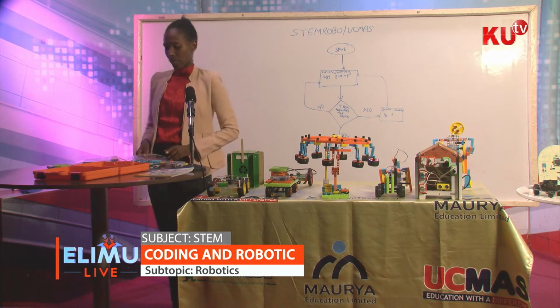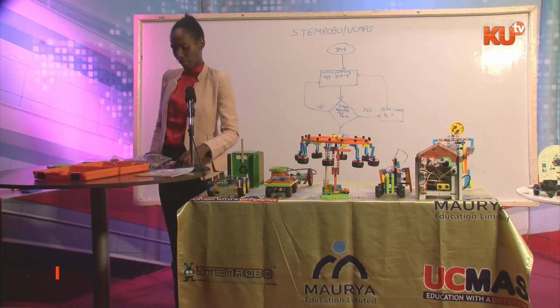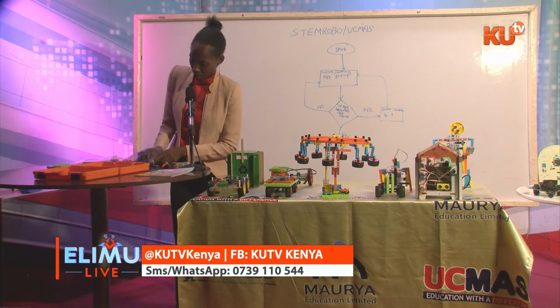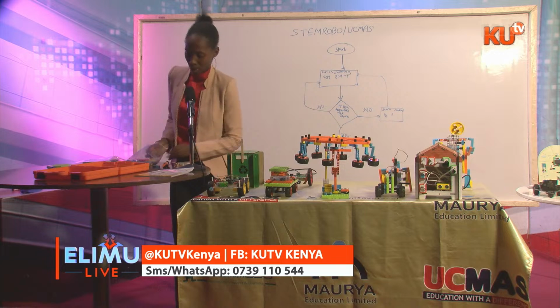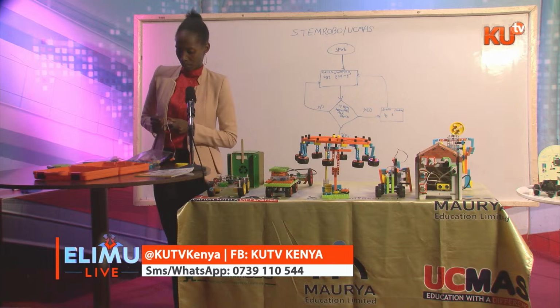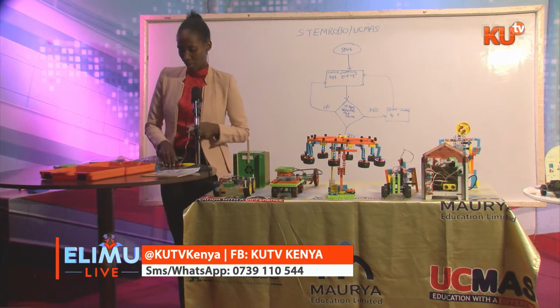So let's start with step number 1. My step number 1 is to connect the orange pieces, these ones, to my motor here, as you can see. So that's step number 1.